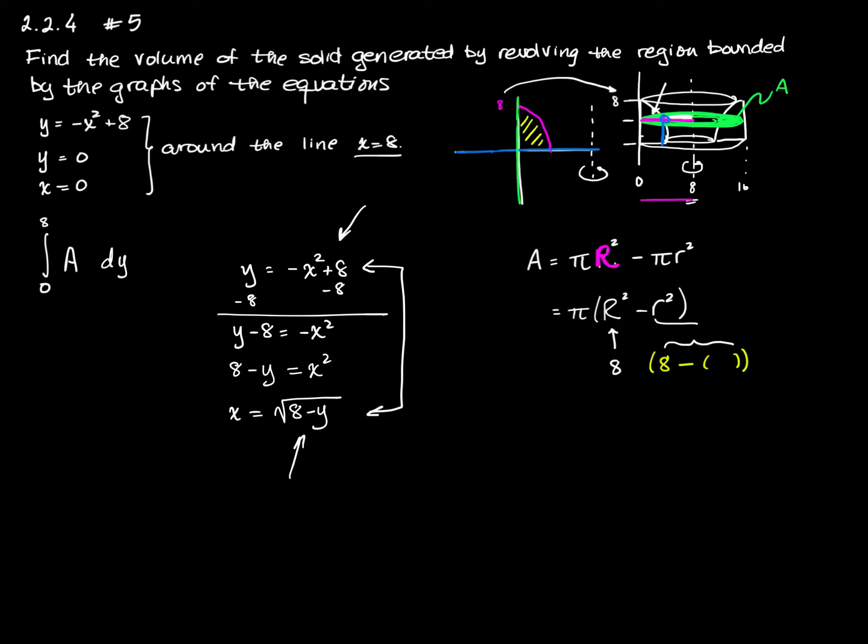It's going to be 8 minus some x value. And that x value is going to come from here. Okay, so that's the hard part. I'm now going to do some more erasing because I won't have room otherwise.